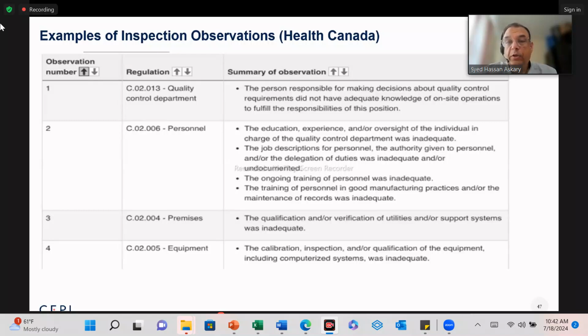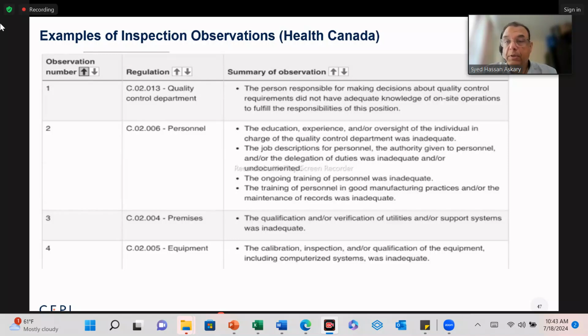So agencies during inspection go into detailed records, and sometimes they would ask to interview the person as well if they find that the person is not apt for that position. They look at education, qualification, experience, and also on-the-job training.